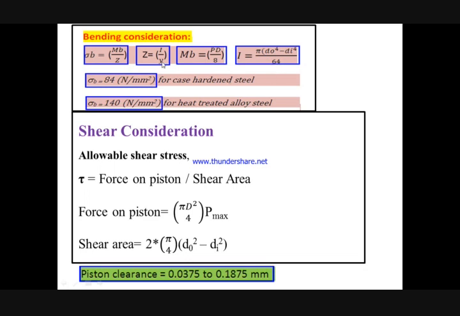Y is the distance of the centroid from the extreme fiber, which here is d0 by 2. Substitute those values to get the value of Z.